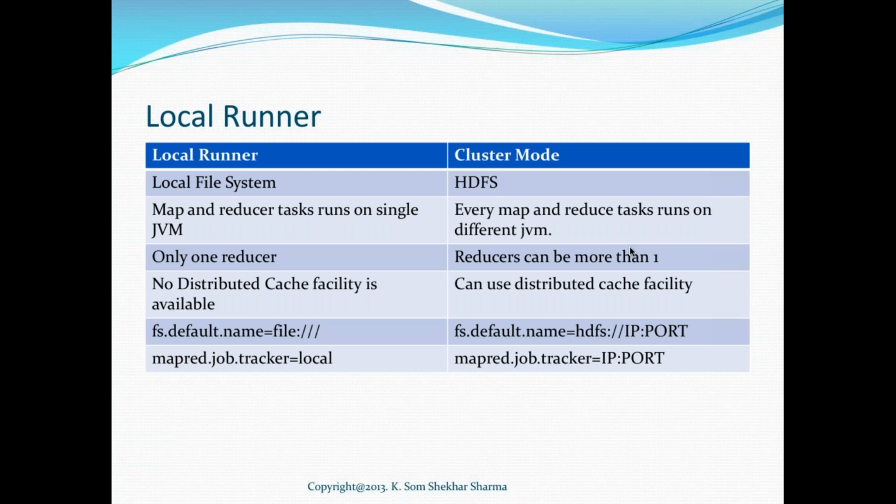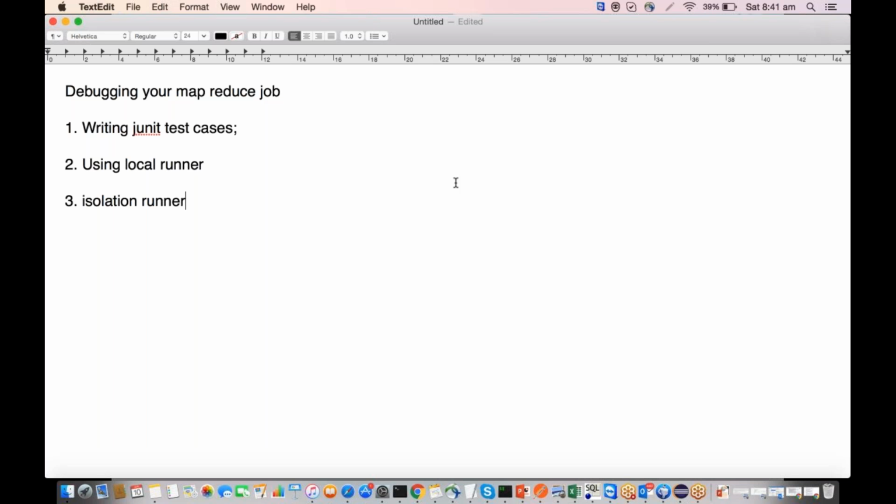So one way is known as unit test cases. In Java you use the JUnit framework, which stands for Java Unit Testing Framework. You write a couple of unit test cases to test your particular flow of code.